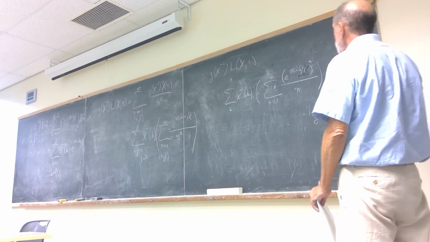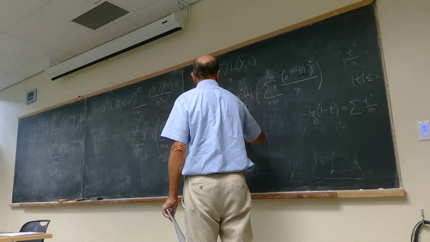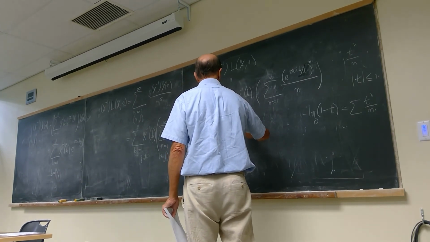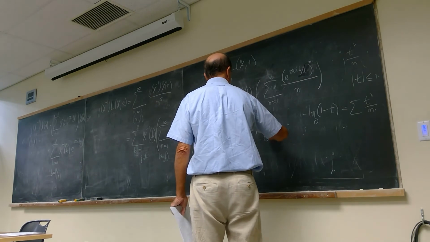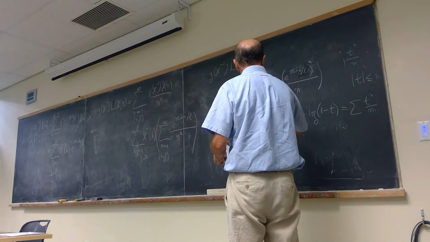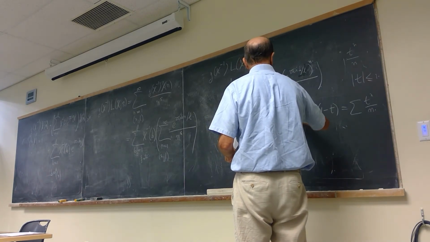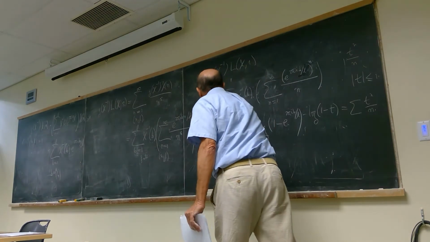Okay, so we rewrite this as the sum over b, a finite sum, chi inverse of b, times the log of, well, 1 minus e to the 2 pi i b over L, with a minus sign out there.